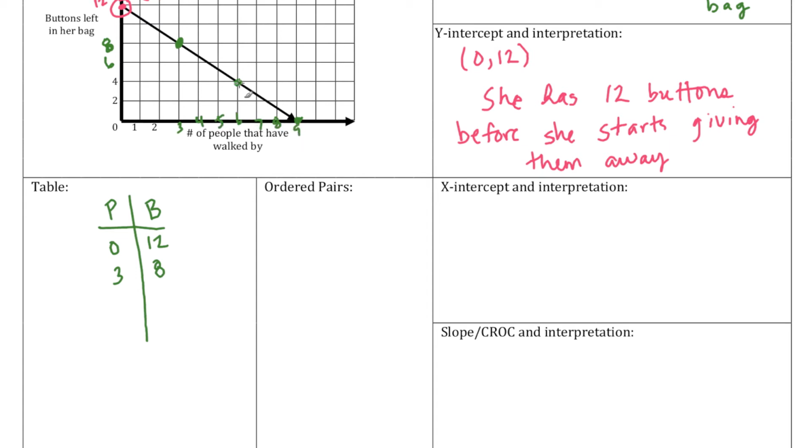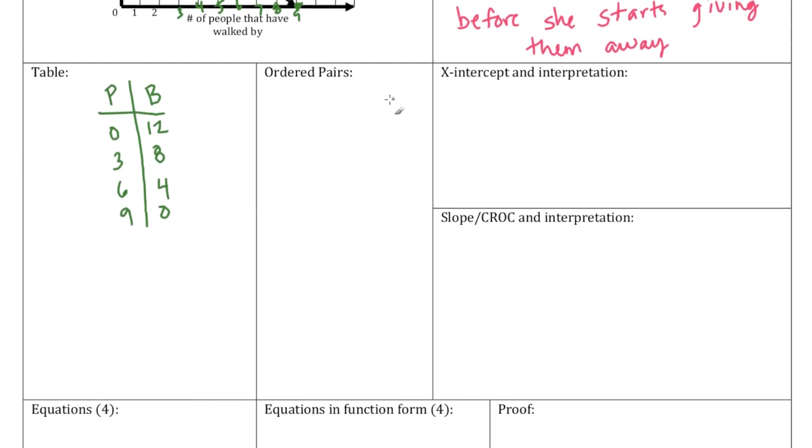Okay, so 6, 4. And lastly, 9, 0. That's all I need. And my ordered pairs, so put P and then B, and then put a few of them, like 3, 8, and 9, 0.